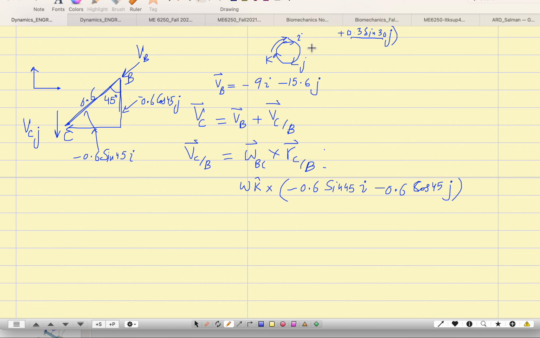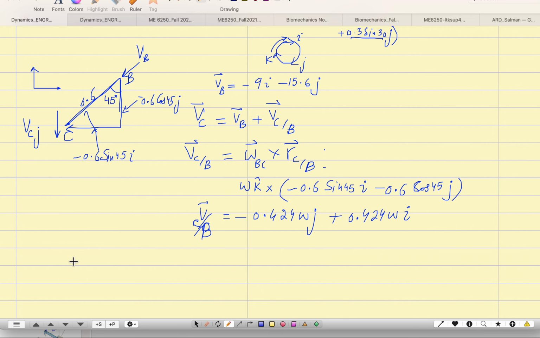K cross I gives you j, and k cross j gives you negative I. So if you do the math, you should get this answer: minus 0.424 omega j plus 0.424 omega I, and this is my velocity of C with respect to B, the velocity of point C on the rigid body with respect to B.